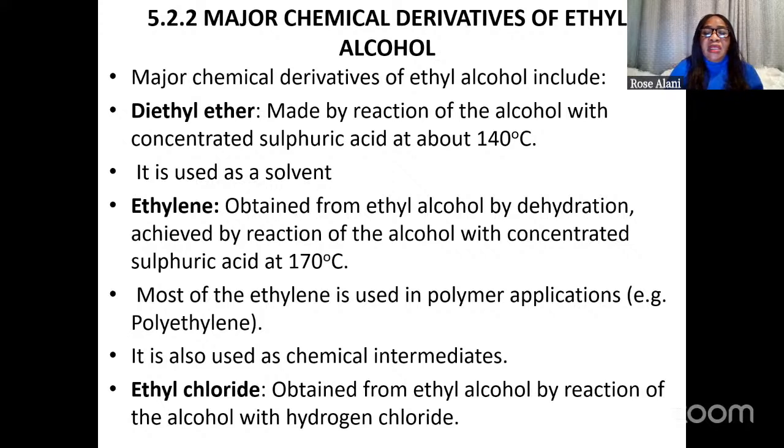Ethylene is mostly used in polymer applications like polyethylene. It can also be used as other chemical intermediates. Another product you get from ethyl alcohol is ethyl chloride, which you obtain by reacting the alcohol with hydrogen chloride.